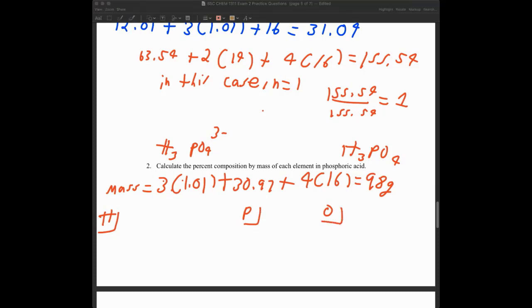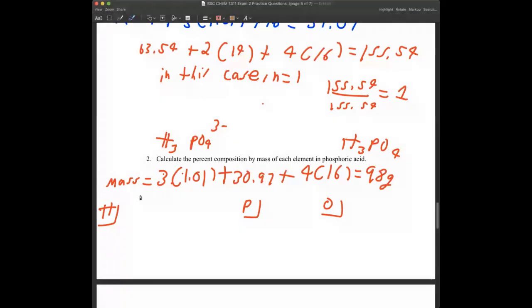With that being the case, we take the mass of hydrogen, so this portion goes there, and then we take the total mass, which is 98, times 100. For P, same thing: we take this entire thing, put it here, over 98, times 100.